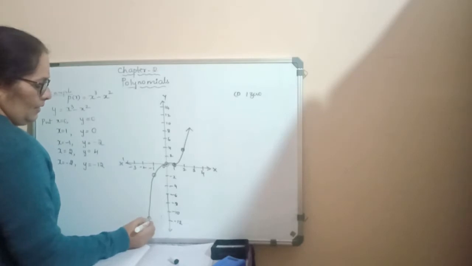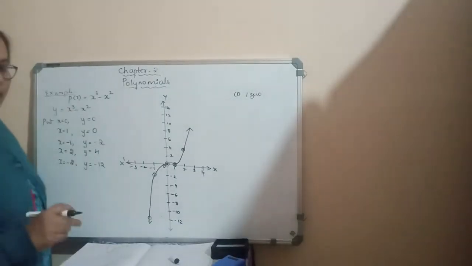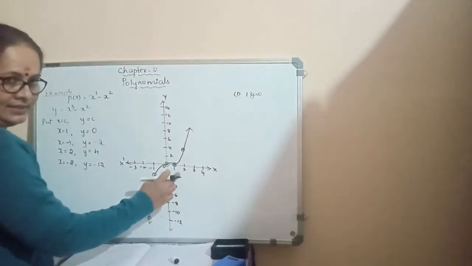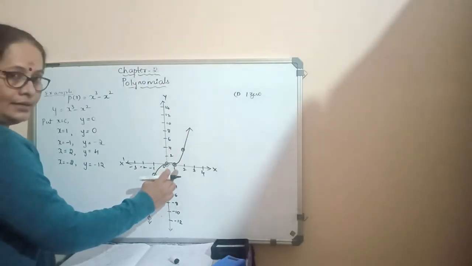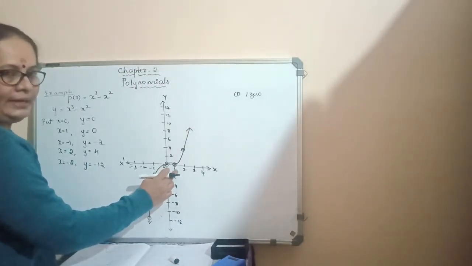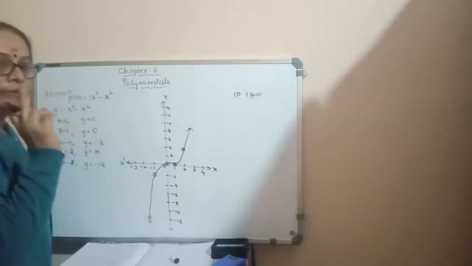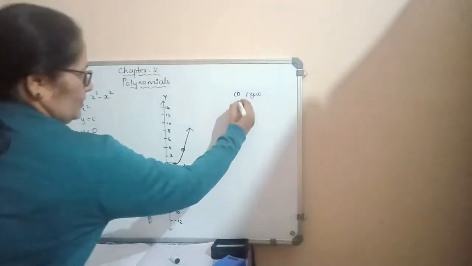Again you got a curve which intersects the x-axis at 2 points. So this curve intersects the x-axis at 2 points. It means that the above polynomial has 2 zeros.